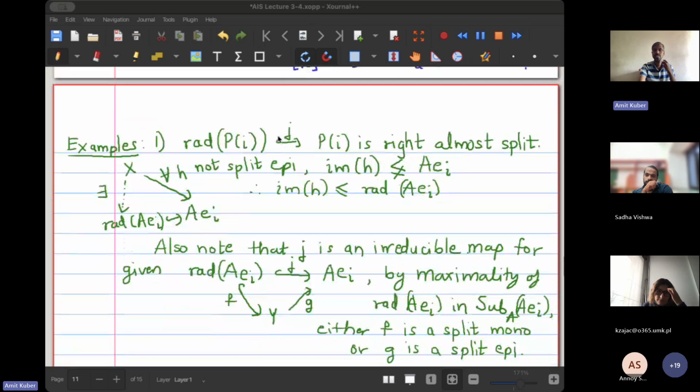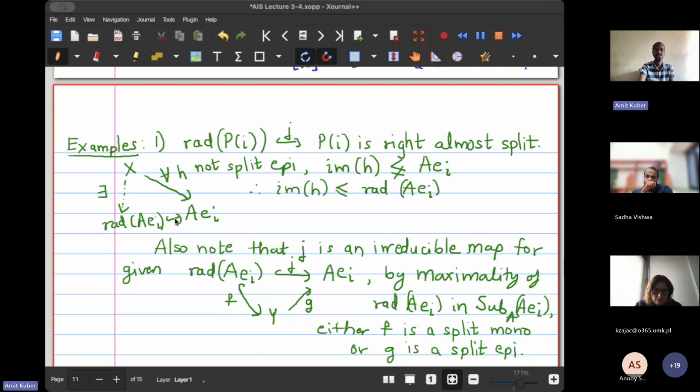We already discussed the radical today. So the inclusion of the radical into the module is right almost split. So why is it right almost split?